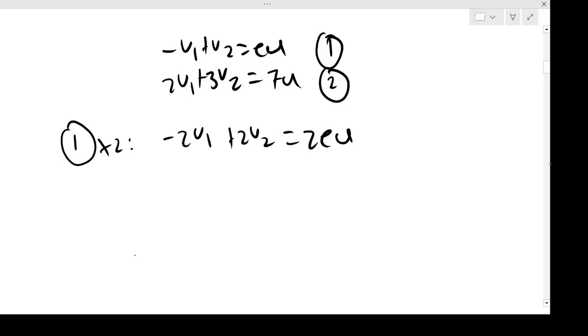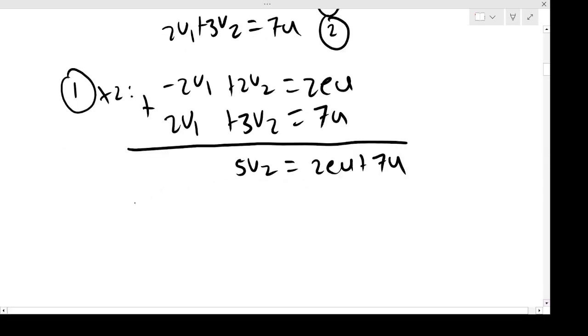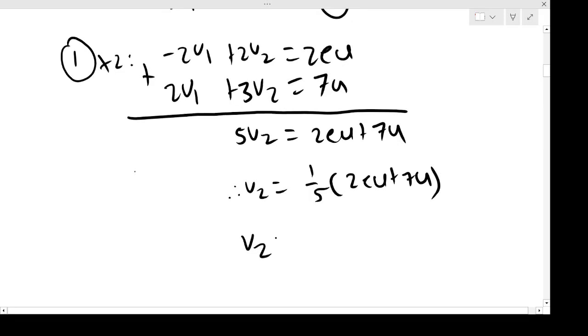Then I'm going to rewrite the second equation, and then I can add these equations to get rid of the v1. So I have 5v2 to be 2eu add 7u. So then I can divide by 5 to get v2 to be a fifth of 2eu add 7u. Then I can factor u out to say v2 is a fifth u of 2e plus 7, and that's my expression for v2.